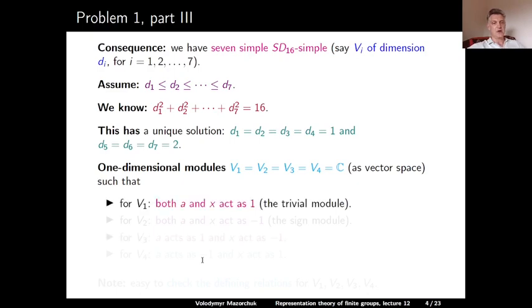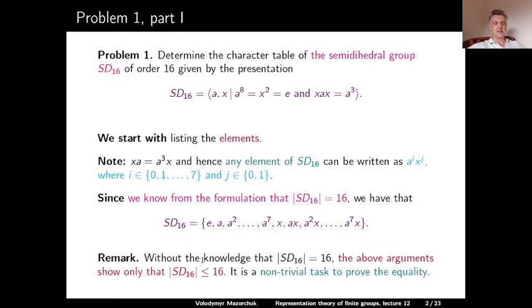So we can take V1 to be the trivial module. Such a module always exists, so both generators A and X act on it as the identity. For the module V2, we take the sign module, and this is a module on which both A and X act as -1. This module structure follows from our presentation.